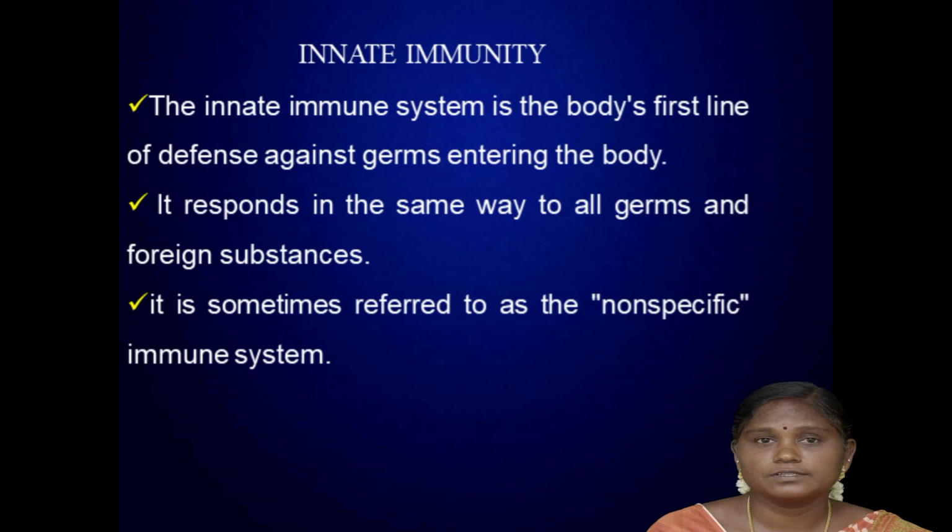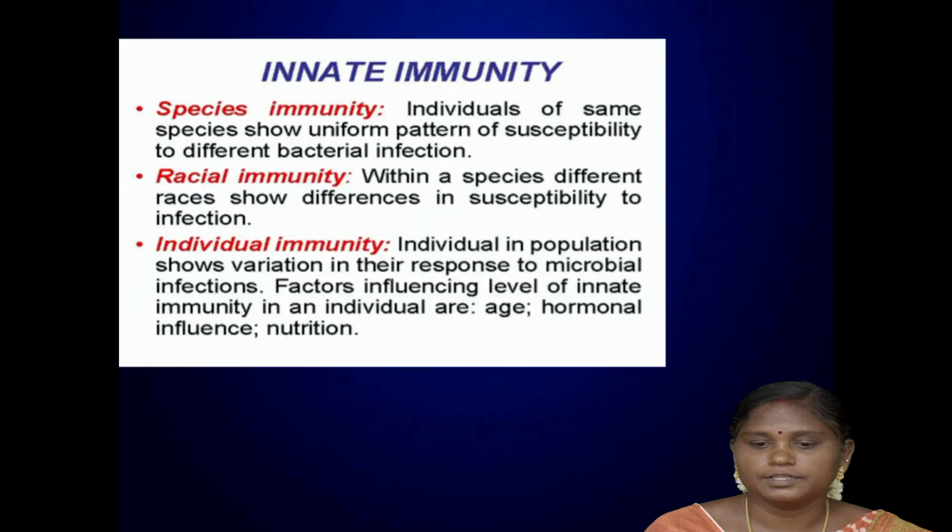Non-specific immune system means that any pathogen entering our body, our body automatically responds to it. This type of immunity occurs from our birth itself. So that is the innate immunity.